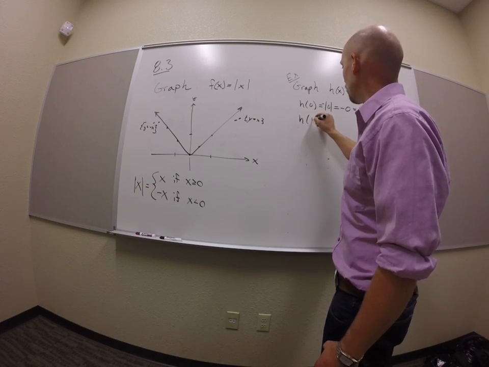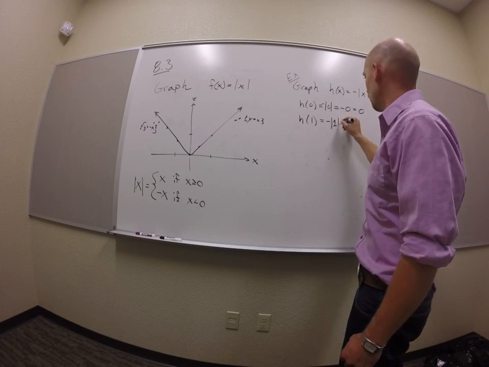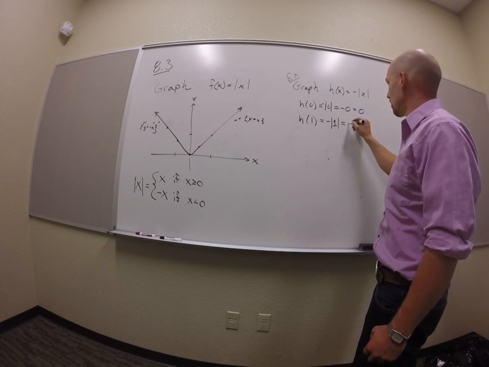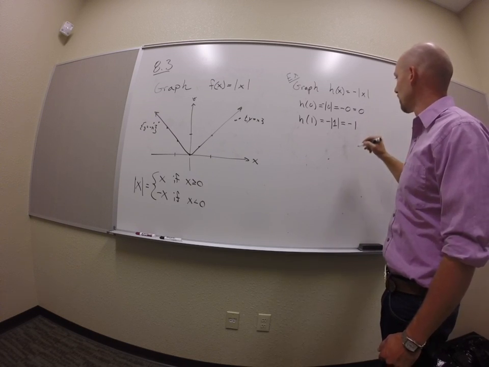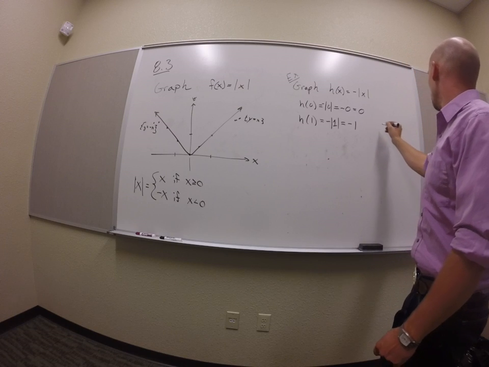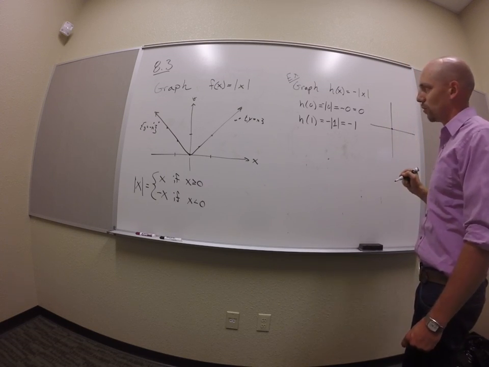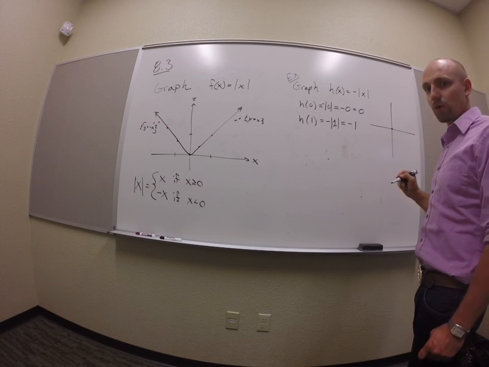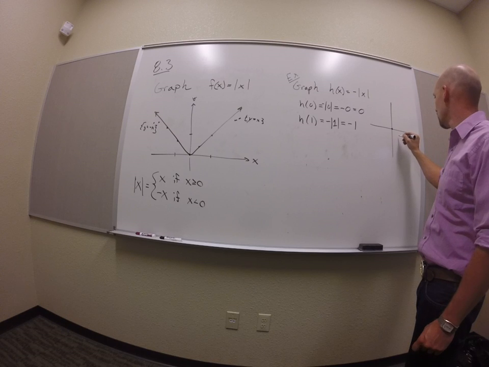If we do h of 1, we get minus the absolute value of 1, and the absolute value of 1 is 1, right? Okay, so graphing these. See, I got 0 as an output when I put 0 as an input. When I put 1 as an input, I got minus 1 as an output.